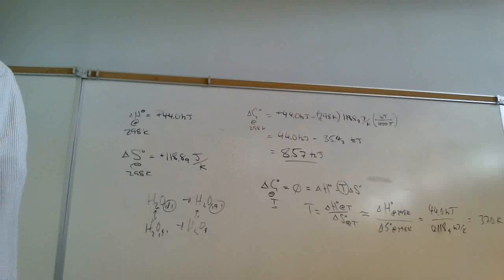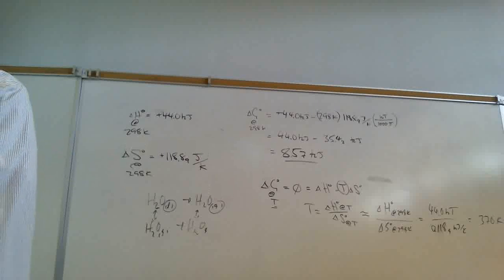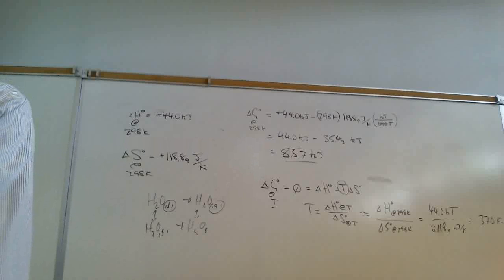And so what we're going to talk about next is using pressure and/or concentration to change delta G. When we change pressure or concentration, that's called non-standard conditions, because in standard conditions the pressure and the concentration are fixed. And so when we go non-standard, how do we deal with non-standard conditions? We'll talk about that next time.